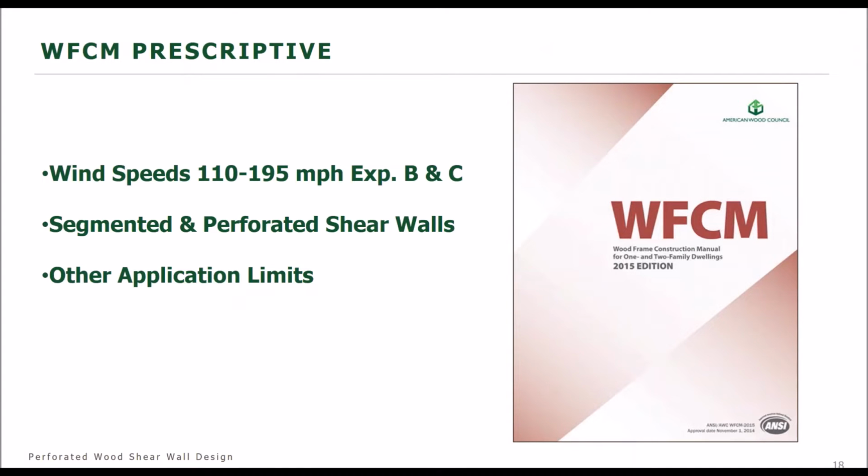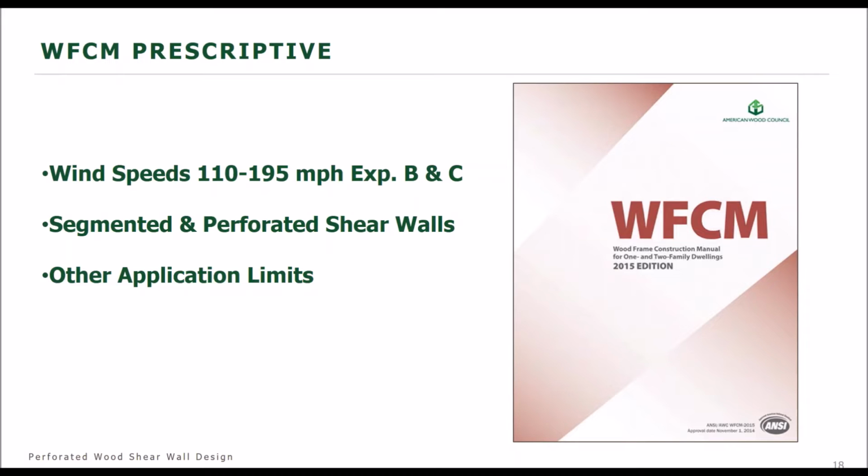So we're going to start kicking off our design examples here with the WFCM prescriptive approach. As I alluded to earlier, we have wind speeds allowed from 110 to 195 miles per hour.